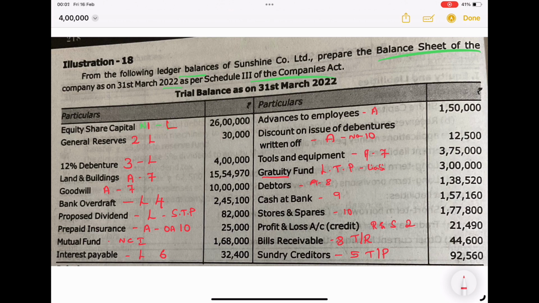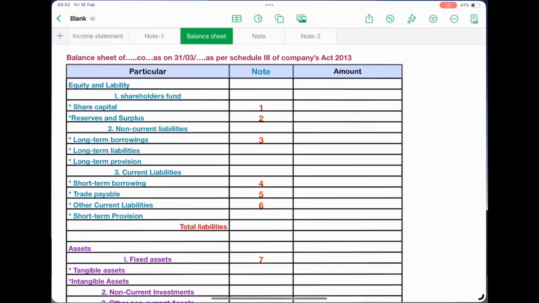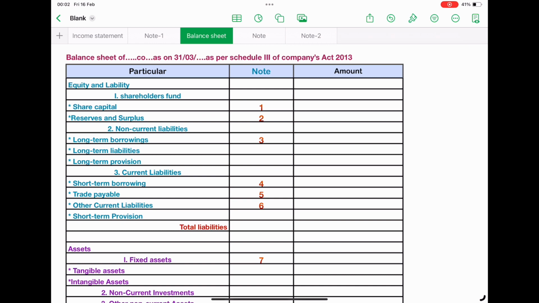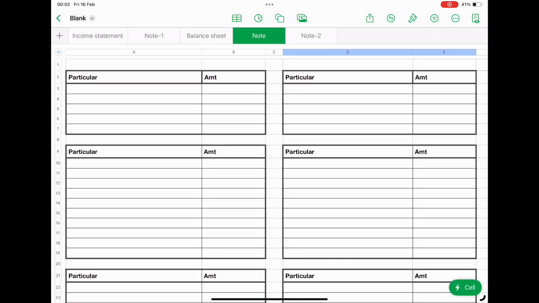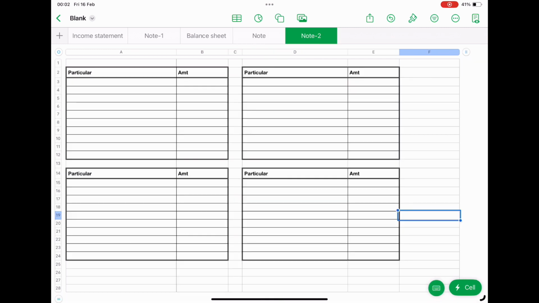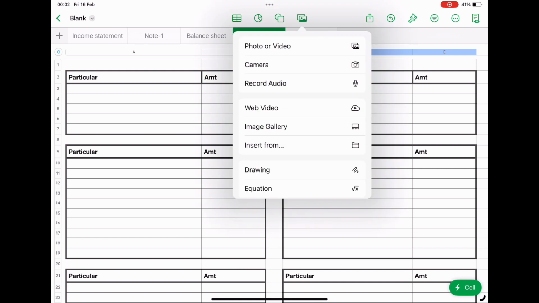Move on to the solutions now. This is the format in which we are going to solve all the solutions. This is balance sheet 1, and for particular notes we are going to solve it. So one by one, let's solve this.